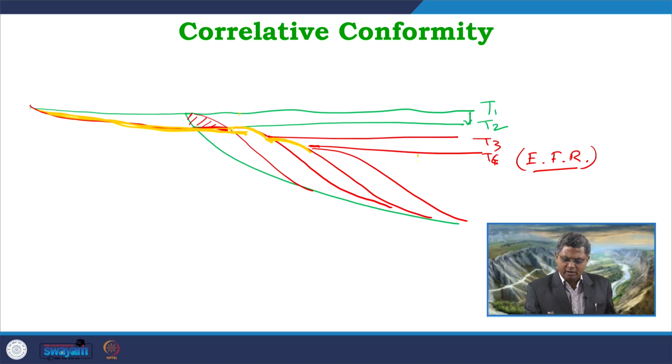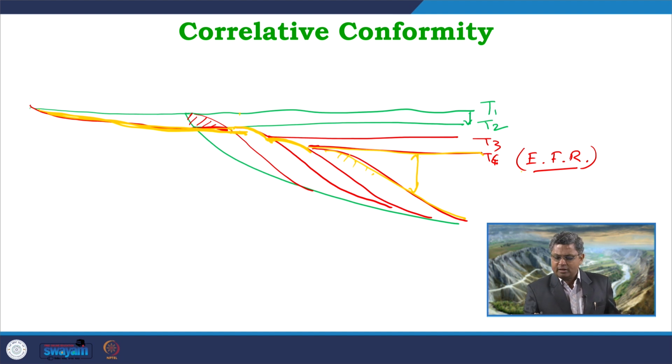Now, in this part of the basin, even after this much of fall of the base level, this is still underwater, and as per the depth condition prevailing over there, some sedimentation is going on along this surface or below this surface.